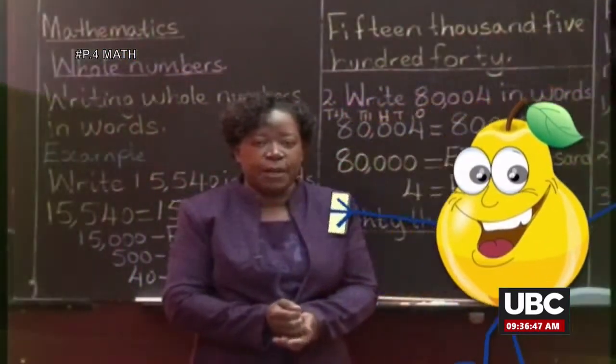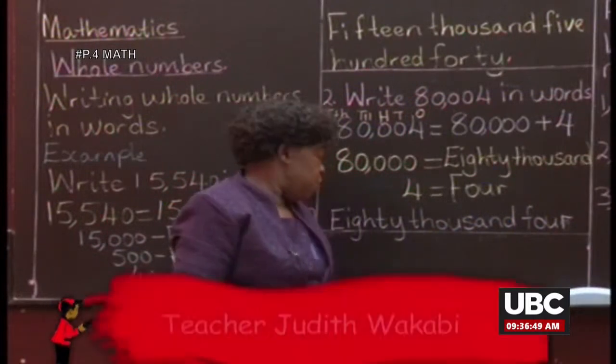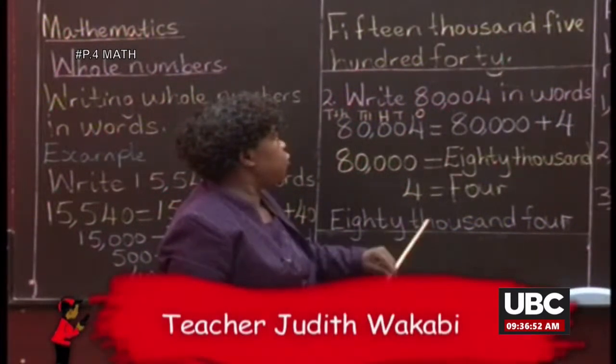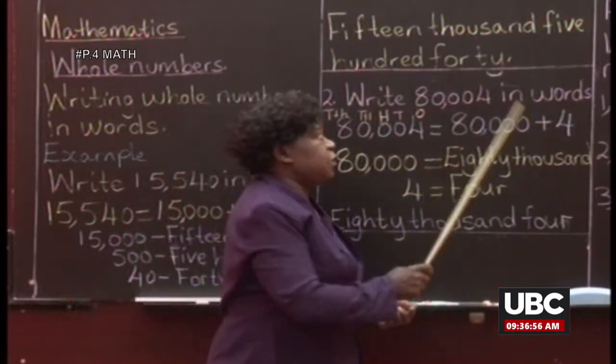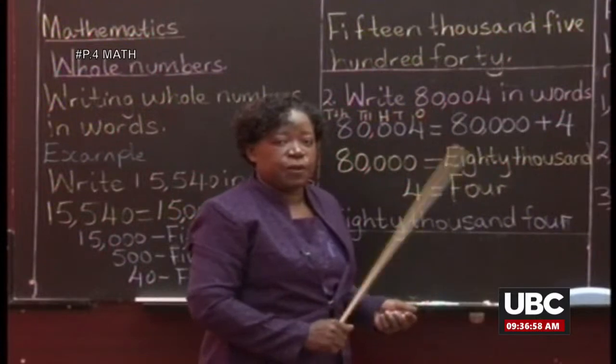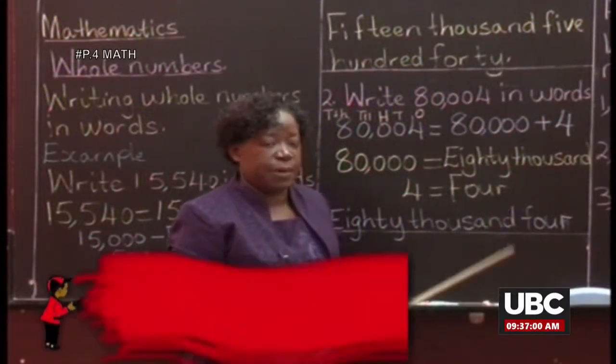Welcome back, children, from your break. Before you went for your break, we were learning how to write figures in words, and I had given you a short activity which I told you to think about as you enjoyed your break.